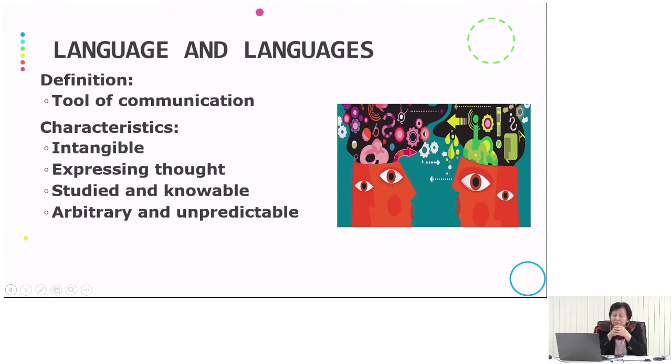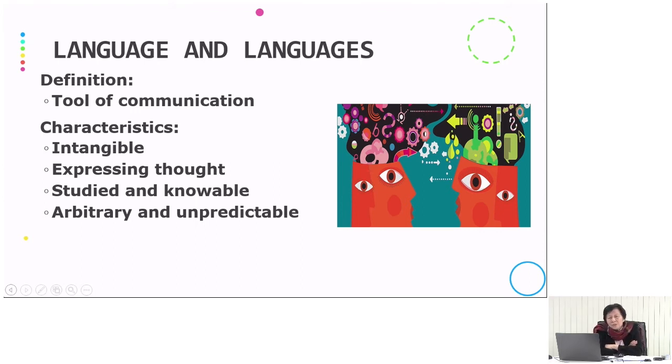If we would like to learn or to know something, we use language by asking or answering or writing or speaking, something like that. So you know that it can be studied and it can be learned. This is the way.